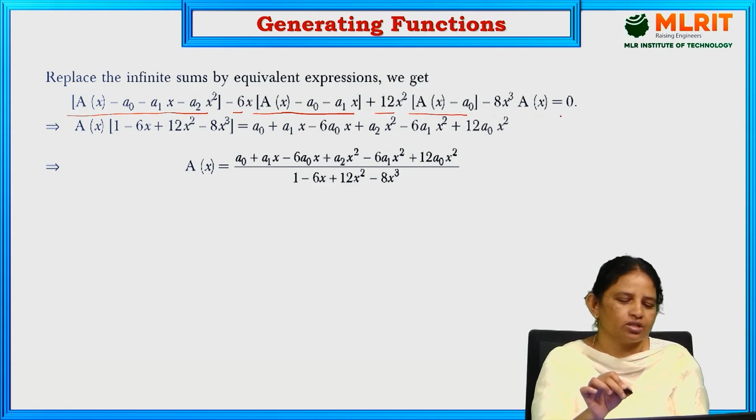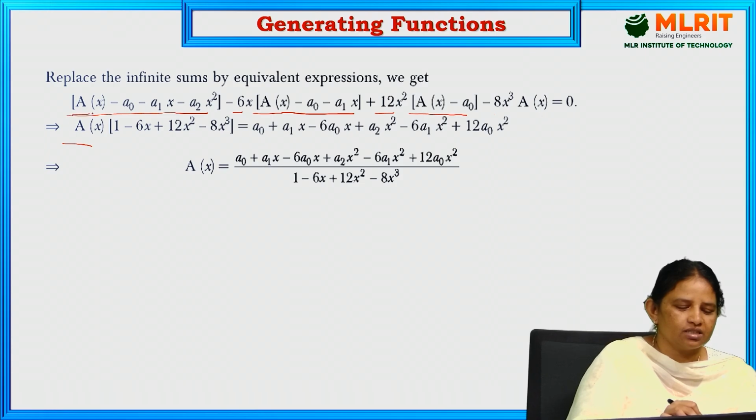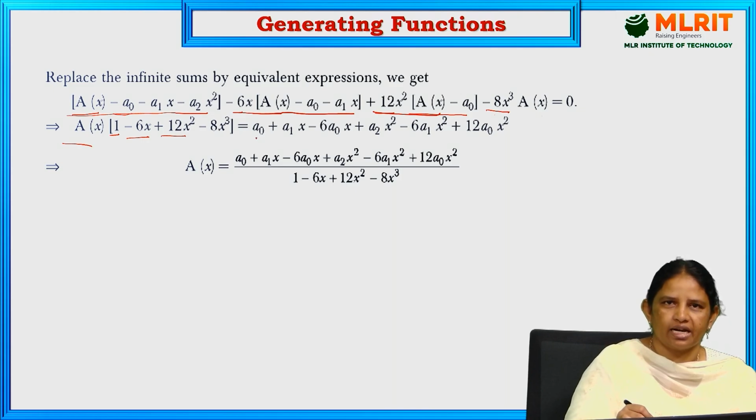Now we need to separate the terms. Take A(x) as common. In the first term, A(x) into 1, minus 6x for the second term, plus 12x square for the third term, and minus 8x cube for the last term. Whatever the remaining terms, they go to the right side: a_0 plus a_1 x plus a_2 x square. Next, minus into minus is plus, so 6a_0 x and 6a_1 x come to the right side. Next, 12 a_0 x square also comes to the right side.